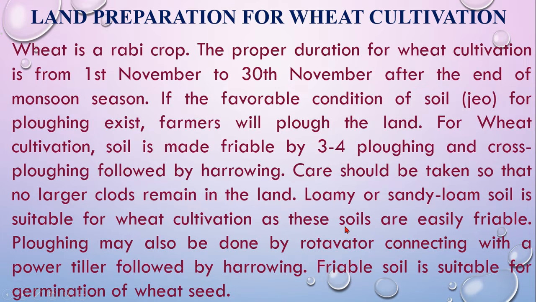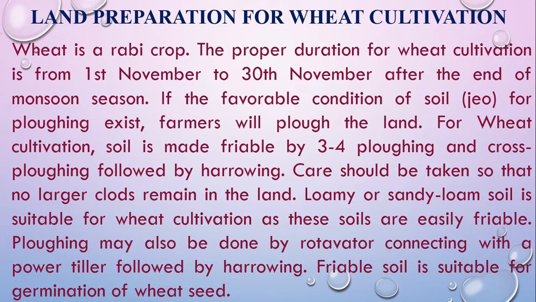That means for wheat cultivation we have to plow or till the land about 3 to 4 times with the help of a plowing machine and harrowing, and make sure the land is cross plowed. That means there will be no clods or soil lumps present.